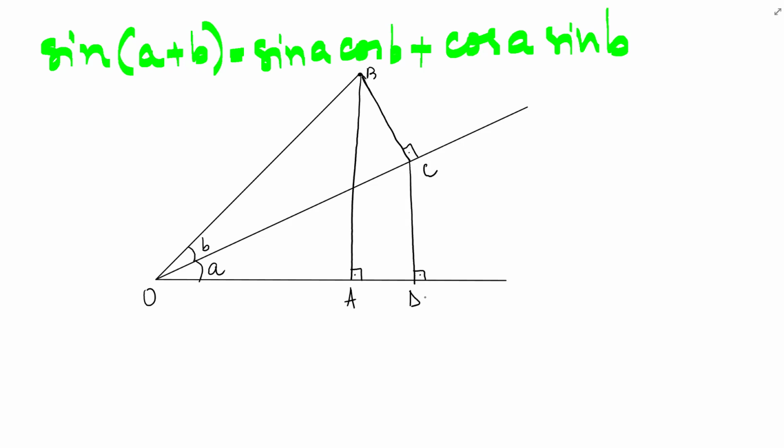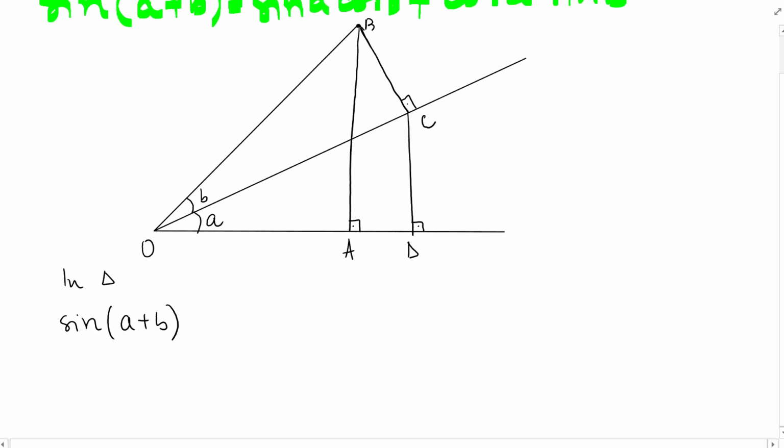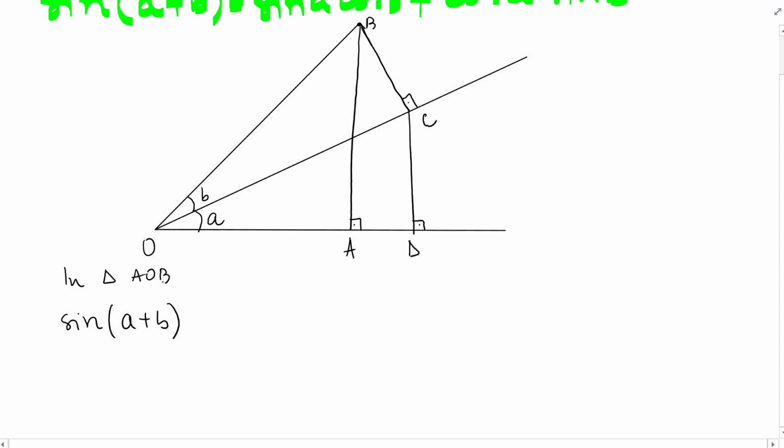So now, let's start with sine of A plus B. So we are in the right triangle AOB or OAB, and we want to find sine of A plus B. Now, we are talking about this triangle. So sine of A plus B is the opposite side, which is AB, over the hypotenuse, which is OB.